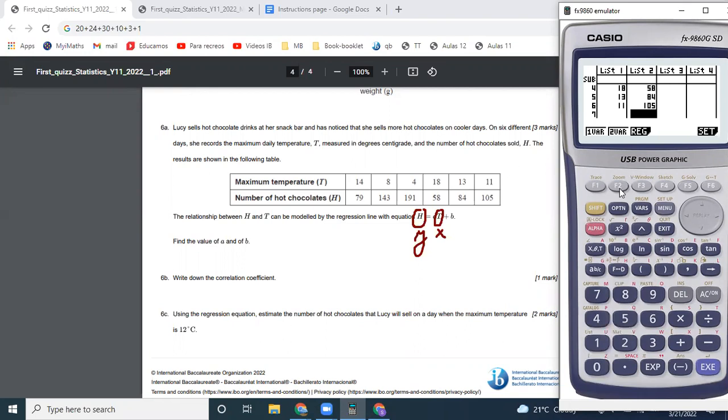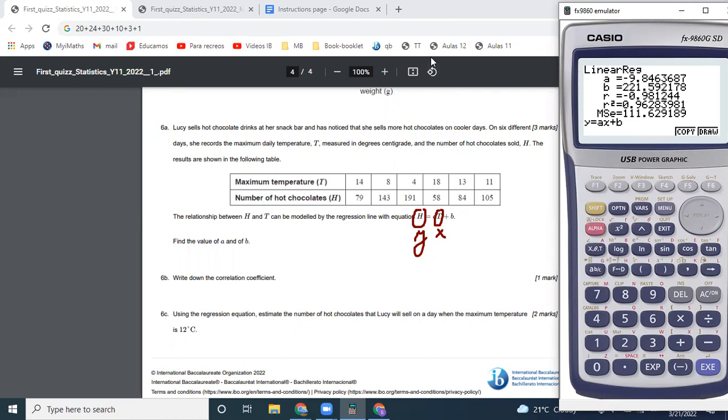Now for this, we go and click on graph 1. And now that we have this, first of all, you can try and think of whether the gradient will be positive or negative, right? Since we are seeing that this is decreasing when we move right, the value of A should be negative, right? So calc F2 again, and we get that the equation is the number of hot chocolates is going to be minus 9.85 times the temperature in that day plus 222, because we need 3 significant figures as always.